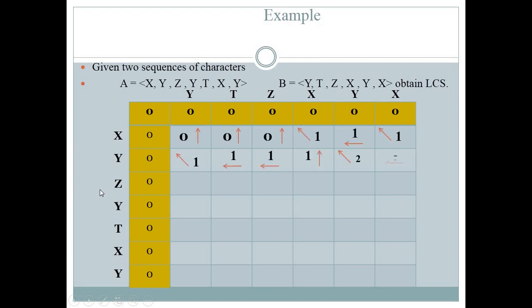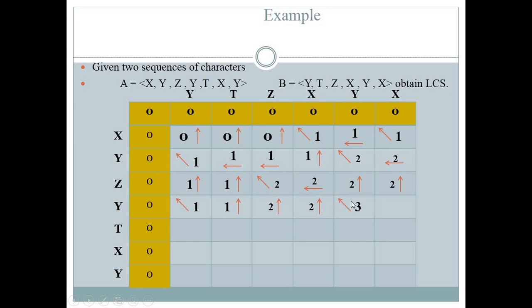After it we can check all the rows one by one. Okay, so in that case if we check this y and this y, there will be matching. So we will put a tilde sign and we will check its diagonal, which is 2. So we will add 1 to its diagonal, meaning 2 plus 1, 3, and a tilde sign.